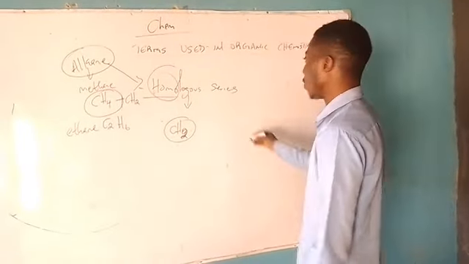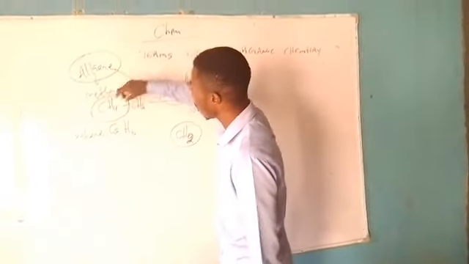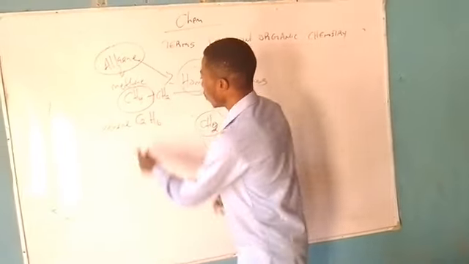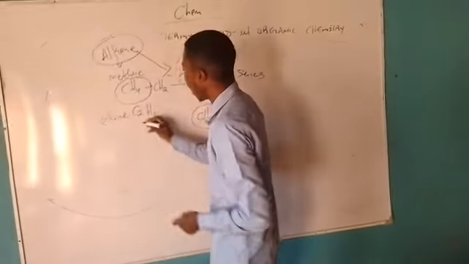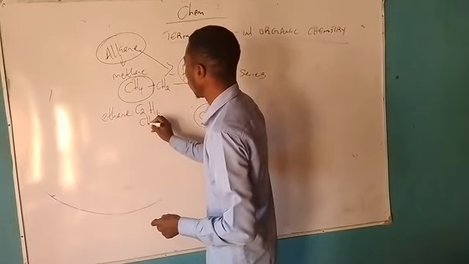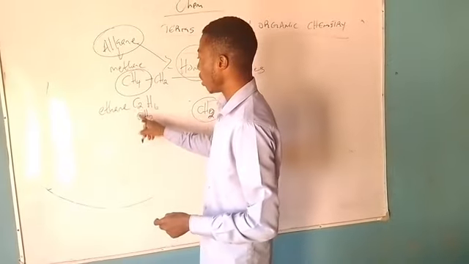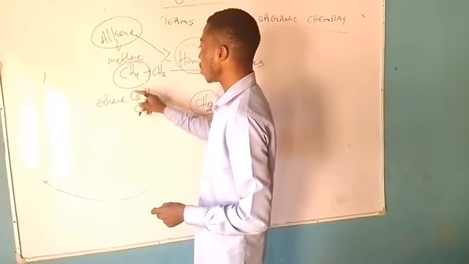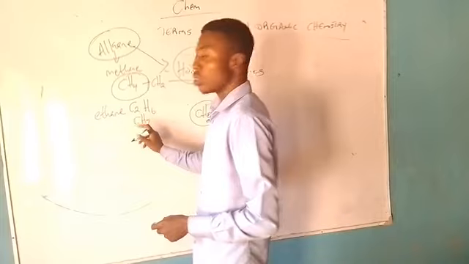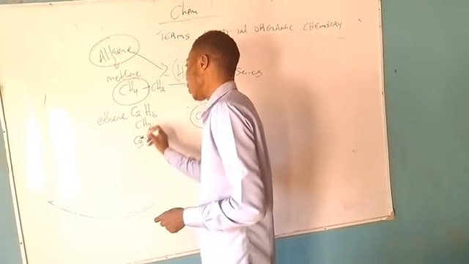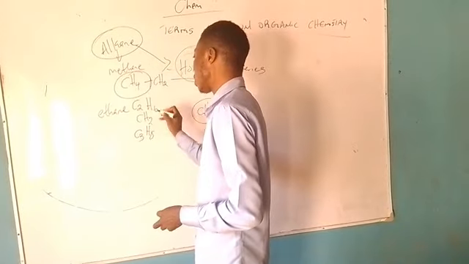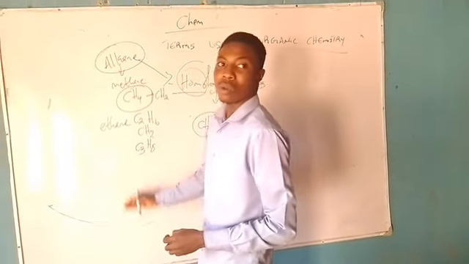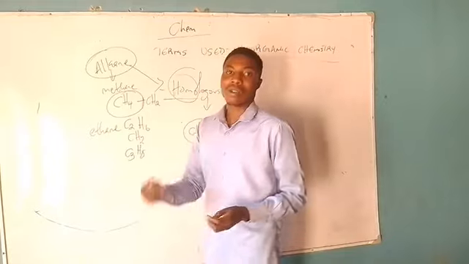For example, I added CH2 to CH4 and we got C2H6. If I add CH2 again, I get the next member of the group, which is C2 plus C, which is C3, and H6 plus H2 is H8. That is how we get to the next members.